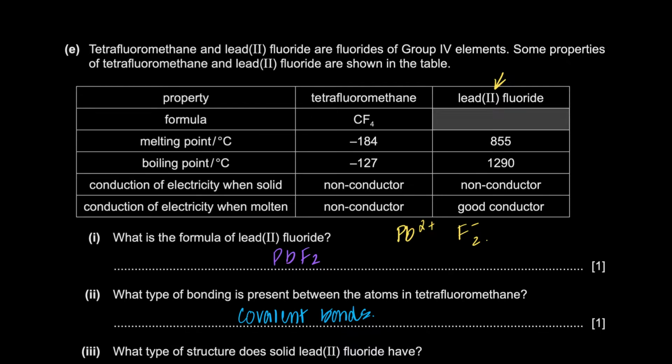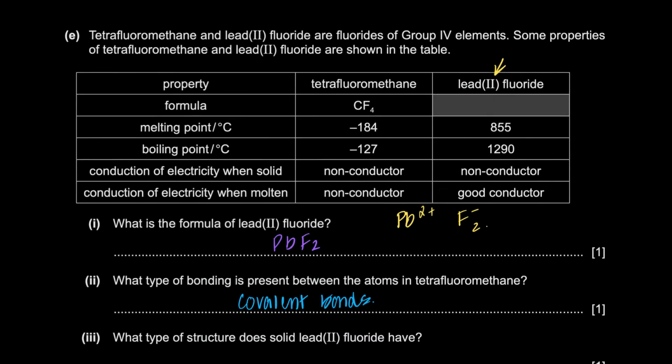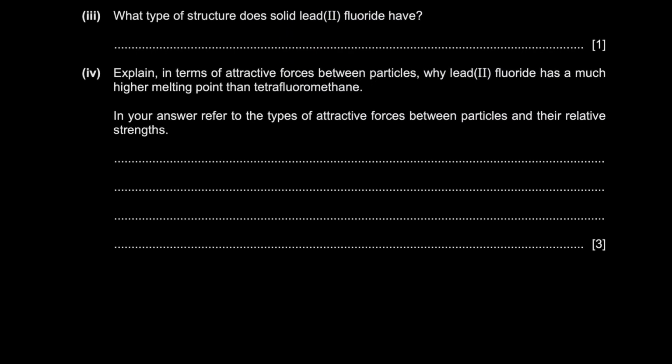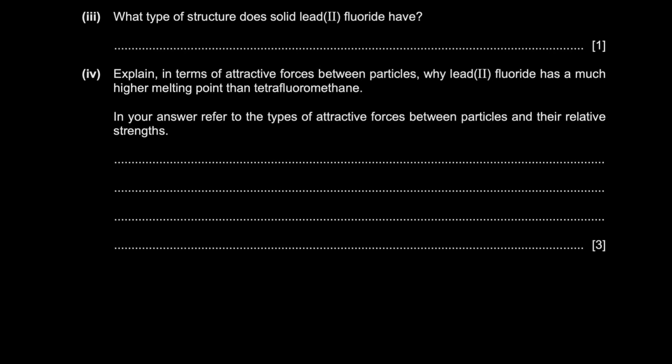So free moving ions, right? What has free moving ions when it's molten? Well, ionic compounds do. All right, so it is an ionic structure.